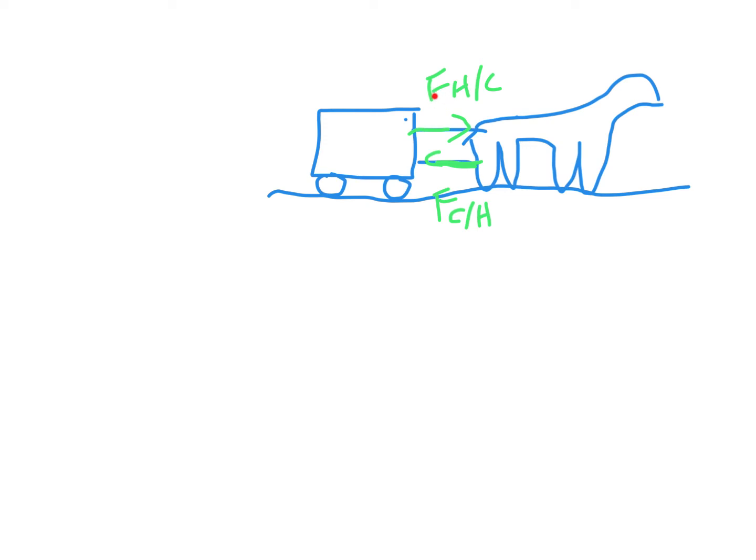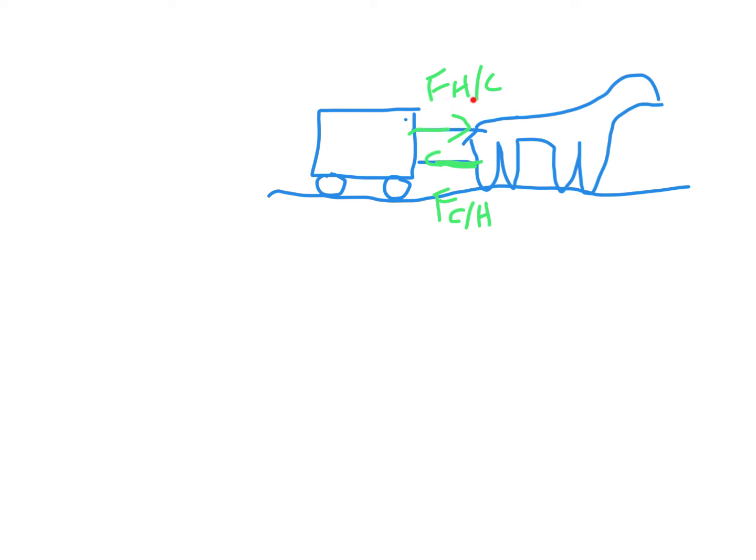That tells me that's the force of the horse pulling on the cart. So the slash means on. And down below, I've got the equal and opposite force of the cart pulling on the horse. And so why don't these forces cancel? The answer is, yes, there are equal and opposite forces, but they're acting on different objects.